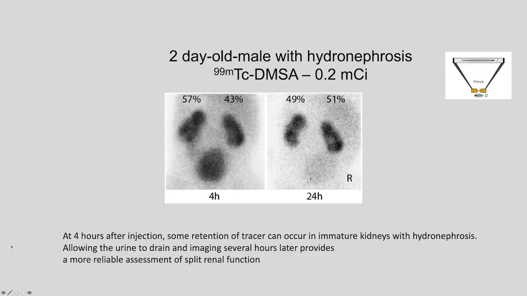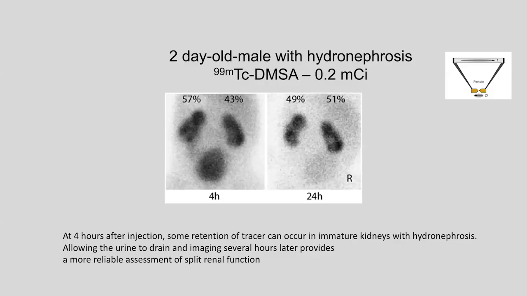And in this patient, waiting 24 hours, the image shows no retention of tracer anymore in the pelvicalyceal system, and it's all clear. And the distribution now is more faithful than on the 4-hour. So you have a 50-50% distribution, while on the 4-hour image, the left kidney appeared to have more function than the right, but that was not the case.